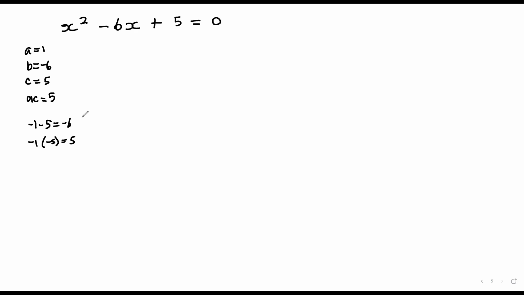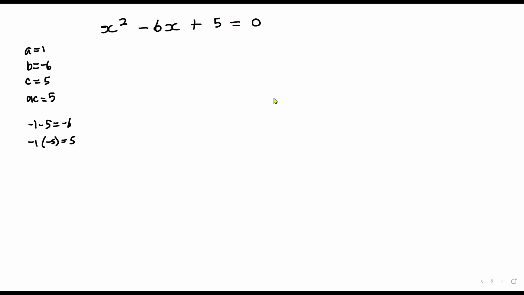The question that you ask yourself when you are factorizing a quadratic expression or equation is, you identify a, b, and c, you find ac, and then you ask yourself what two factors of ac will add or subtract to give me b, and at the same time multiply to give me ac.